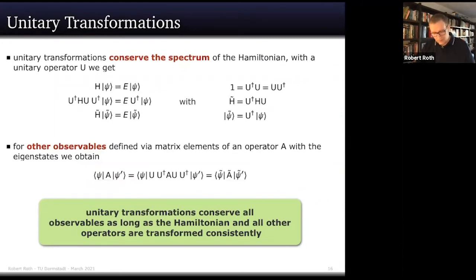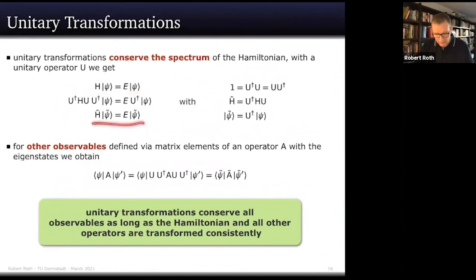That means, if I forget again about all of the full complicated calculation with the original Hamiltonian, I just solve this problem, then I can compute any kind of observable from these psi tilde eigenstates, the simple eigenstates, as long as I do the transformation for this operator A consistently. I also do the unitary U dagger A U transformation for this other observable. So I never ever have to go back here.